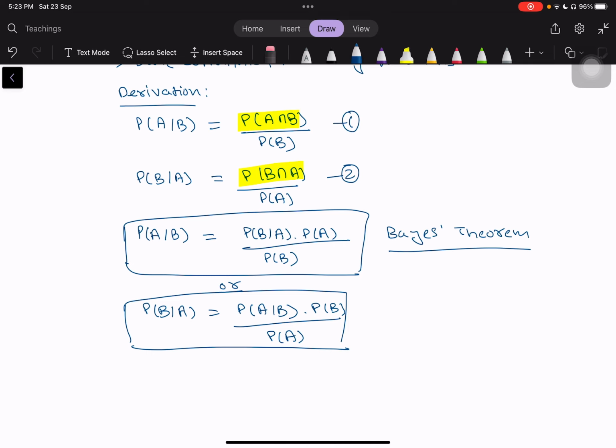I believe in minimal theory and maximum application. So now we focus on the application part because this is all the theory that we need to solve our questions, right? Now the questions can get tricky, but just remember that this is the theory that we need. This is Bayes' theorem. That's it.